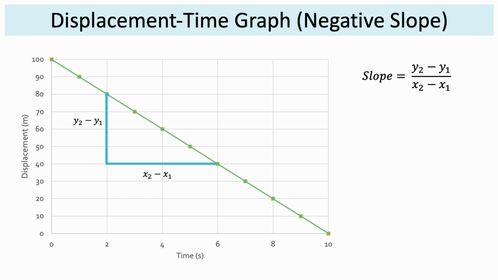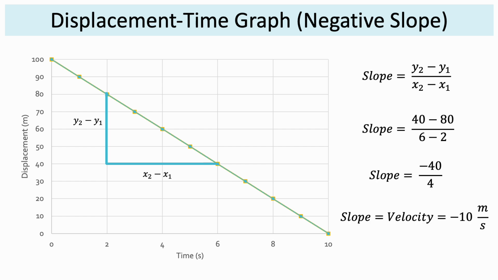Slope is y2 minus y1 divided by x2 minus x1. Substitute the values and you would get slope equal to minus 10 meters per second. The negative sign shows direction while the magnitude tells us the speed in the displacement time graph.